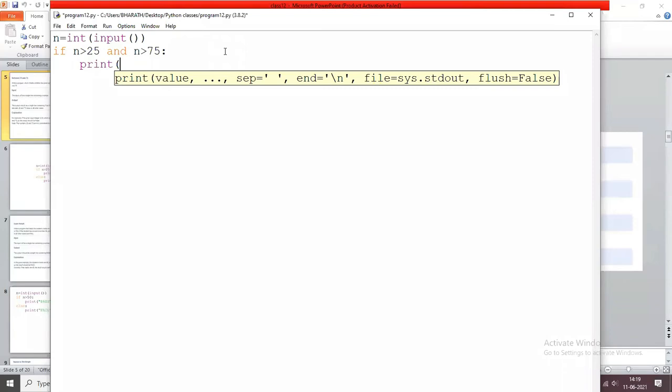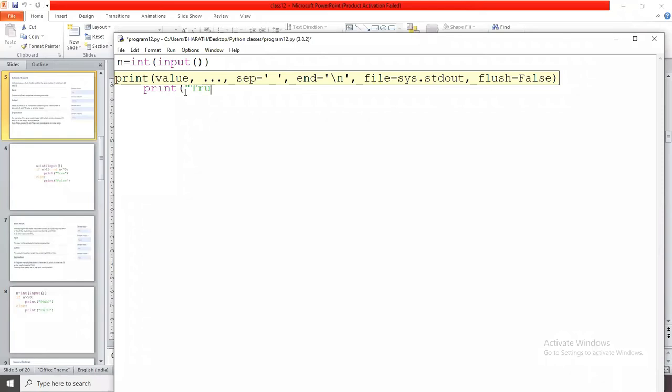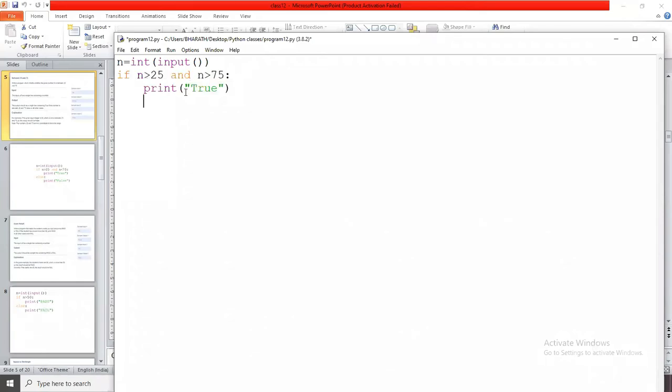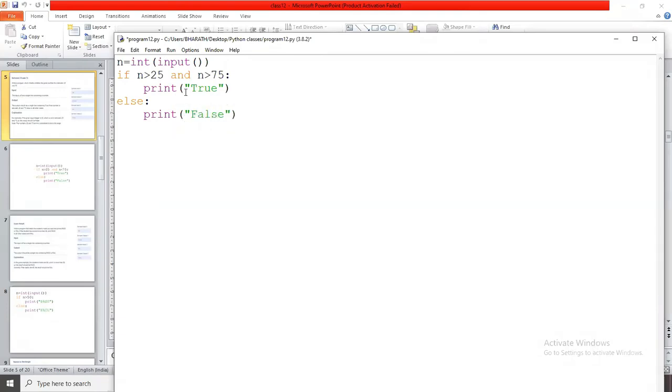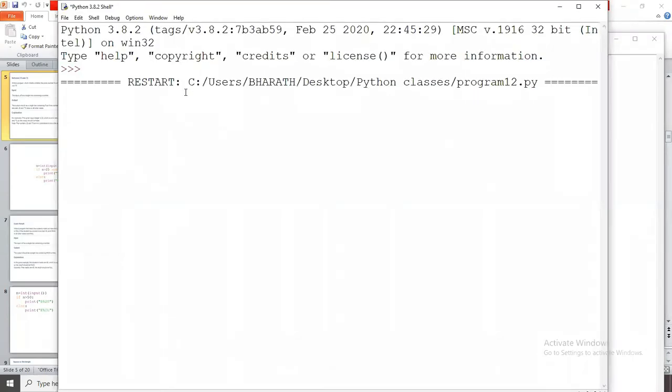The output is true, with a capital T. Else print false. That's it. Okay. If I execute this program and give input 20, it prints false as output.